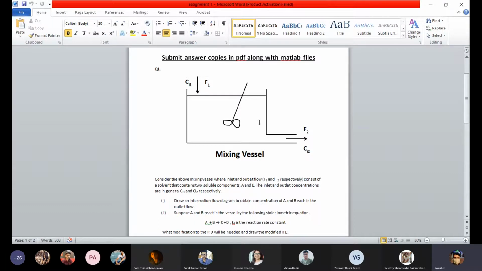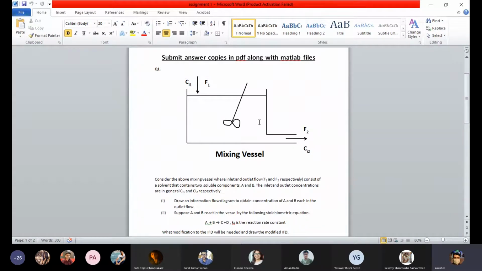I think I have to add A and B separately. It is not that they are in the same feed; we have to feed them separately, because we are going to ultimately mix them. So A and B are not in the same feed. They have to be in different feeds. Make that correction. I think it is my fault in this question that I have not added it.